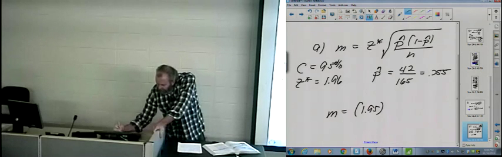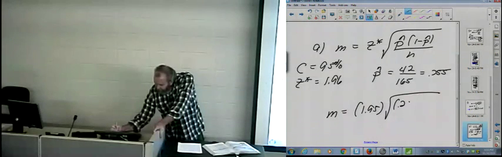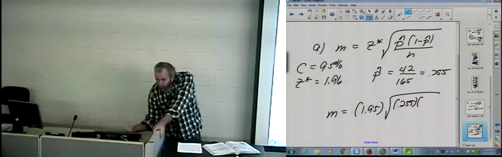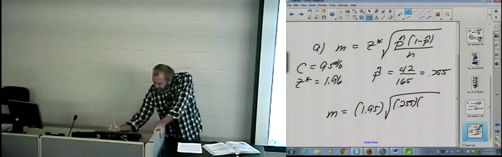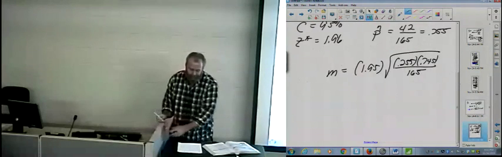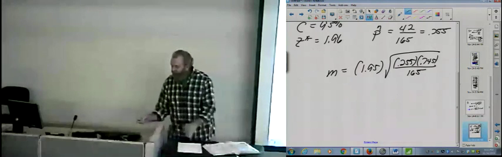1.96 square root 0.255 times 1 minus 0.255, which is going to give you 0.745, over your sample size of 165. You pull out your calculator.